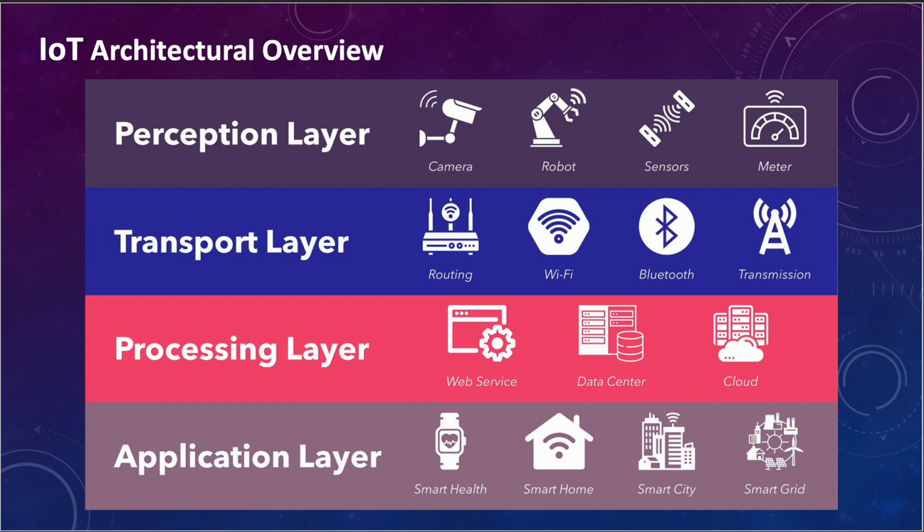Then we talked about the entire architecture which the value chain builds, right? The value chain is there for this architecture. This is the architecture for an IoT system. So when implementing this architecture, the entire IoT value chain is created, right?